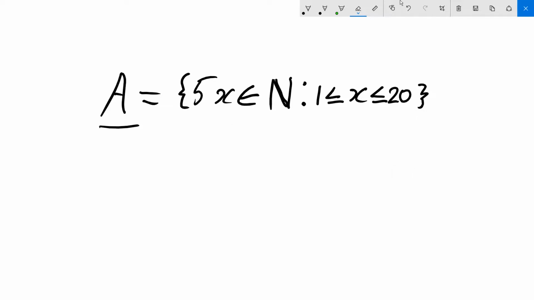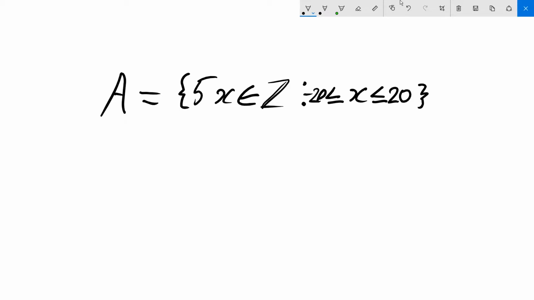Another thing that we can do is change this to negative numbers, so negative 20 up to 20, where x is an element of the integers this time.